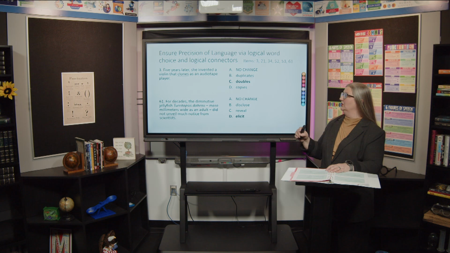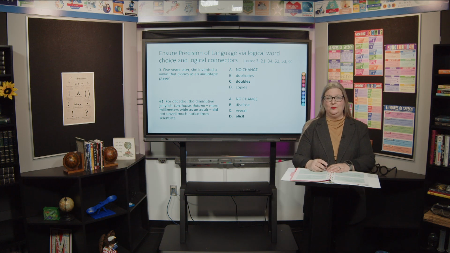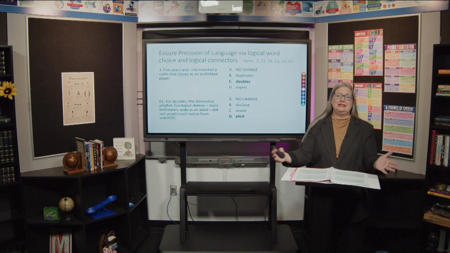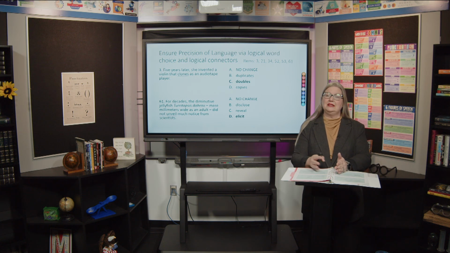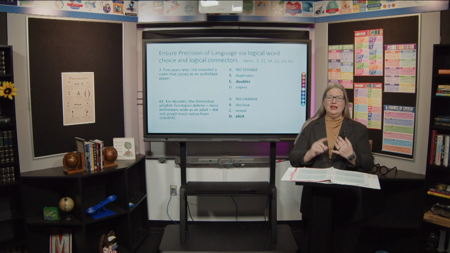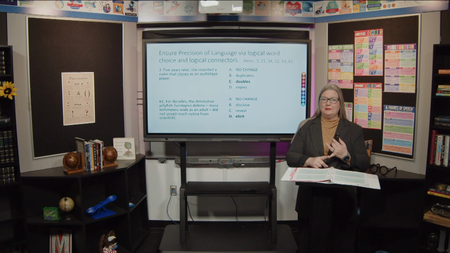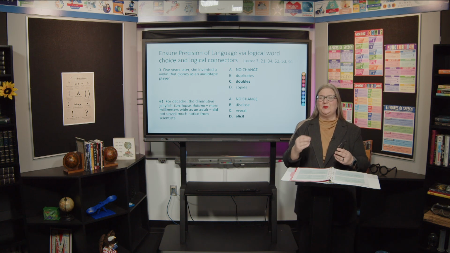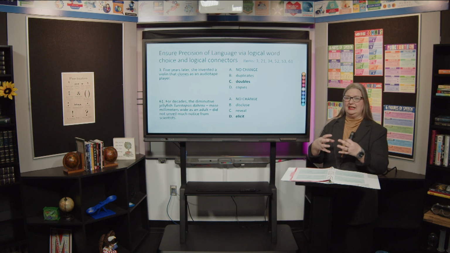Today, we're only going to look at items 3 and 61, and that will give us a better idea of what these are going to look like. If you need additional practice, do go back to some of those other items. And also practice on your Grammar Monster or your Khan Academy or that No Red Ink. That can help you with that word concision and precision.